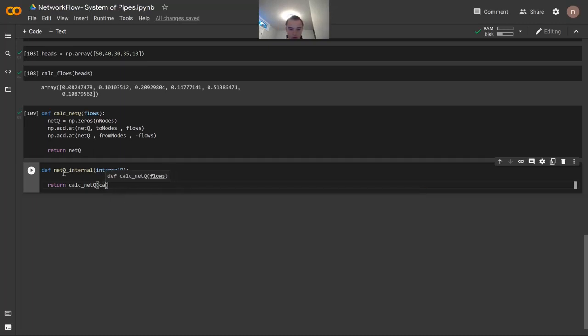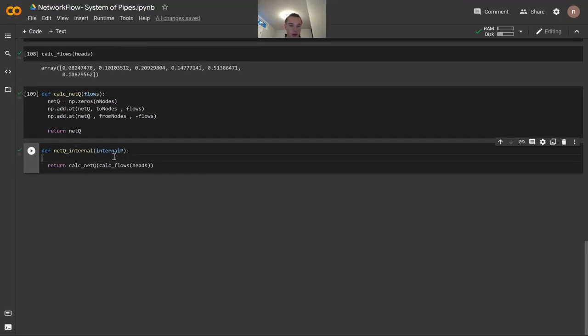So we'll have calc underscore flows, given iterated through our heads. This will set up our function to zero out our internal net flows given iterating through unknown internal pressures. So that's how we're going to set this function up.